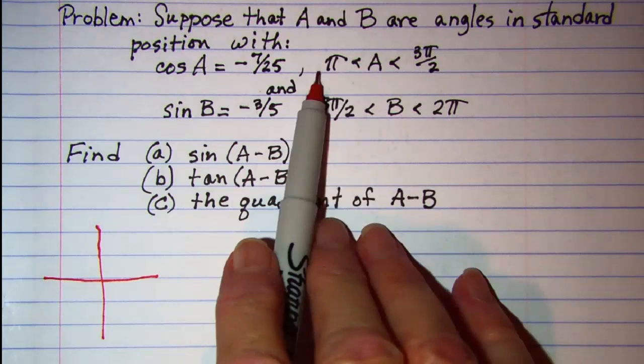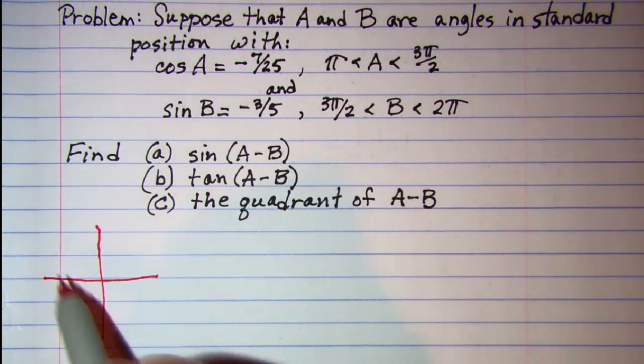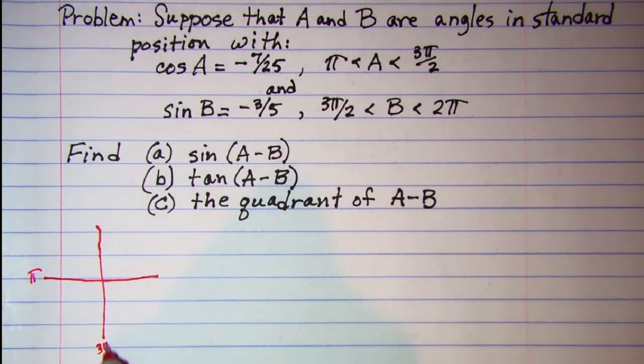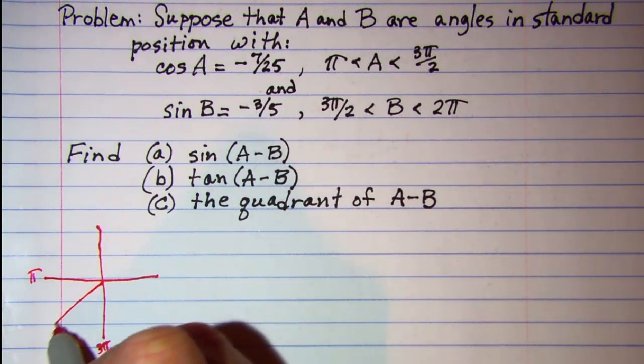A is between pi and 3 pi/2, which means that this is pi and this is 3 pi/2. So angle A is in quadrant 3.